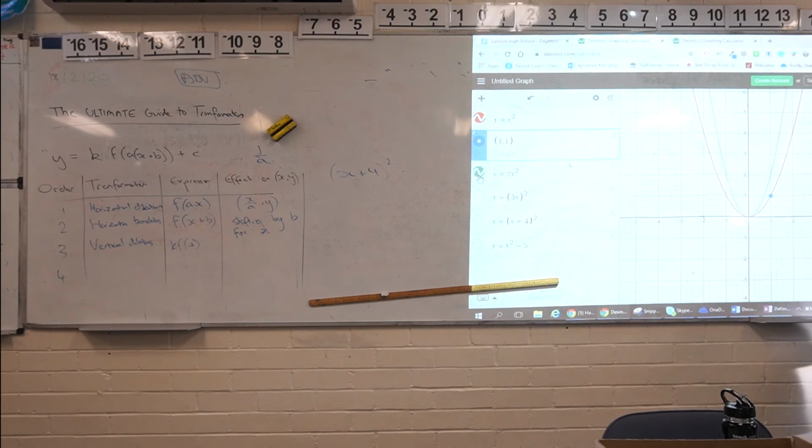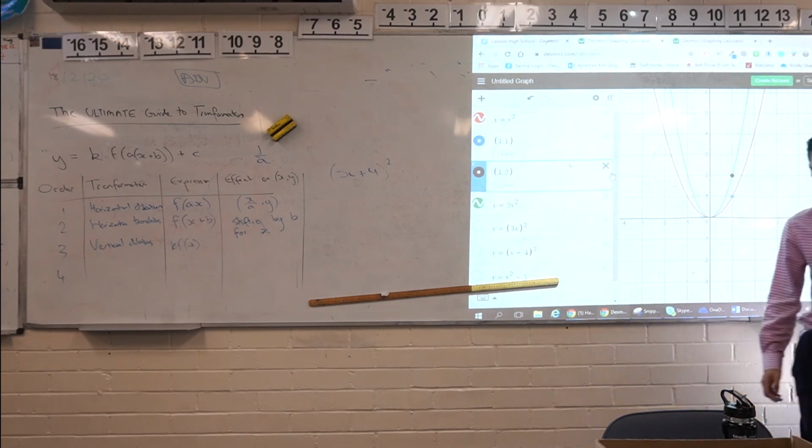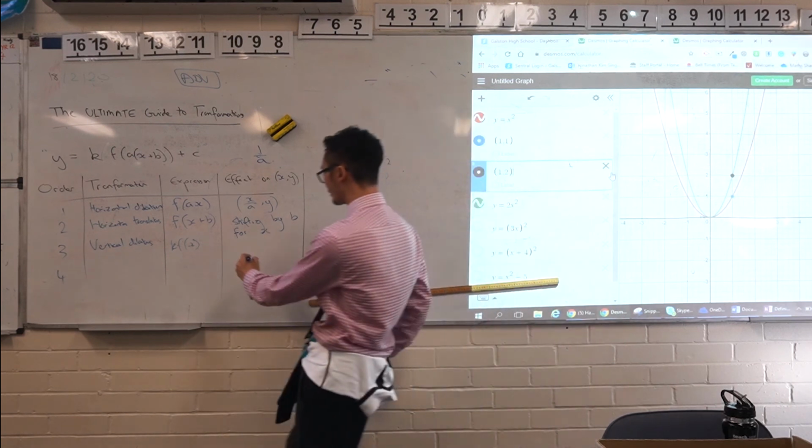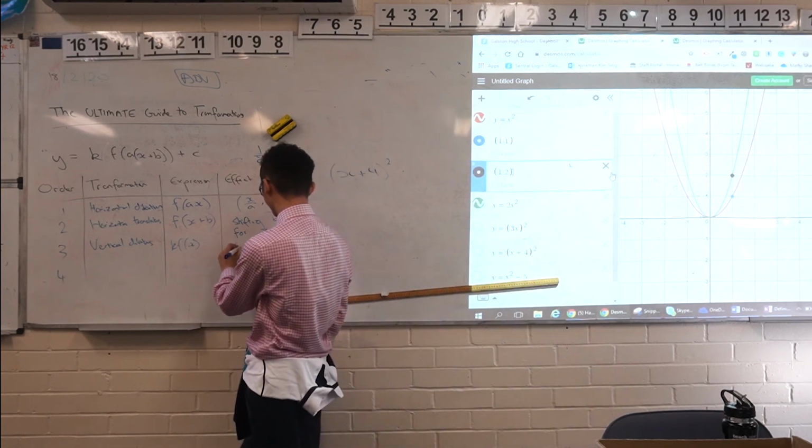So you can see this is our vertical dilation, kind of stretching it up a little bit. And so like I said, the vertical dilations and translations affect the y values, right? So you say, okay, well, I'm going to multiply the y value by 2. That's just going to become 1, 2, like you'd expect. So what are we doing here? We're multiplying the y value by k, right?